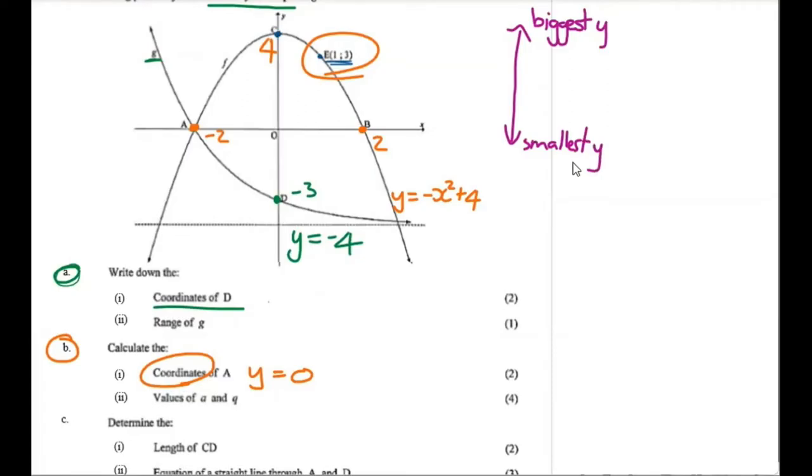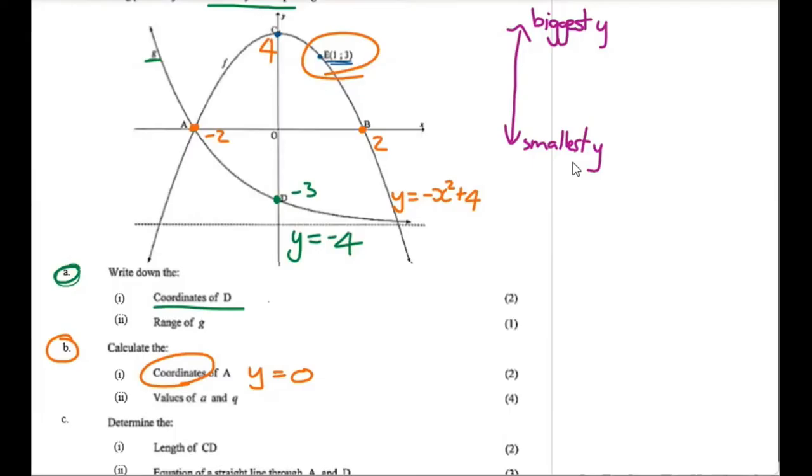The only reason why I'm saying biggest minus smallest is because then I will get a positive value. And if I'm talking about a length, guys, distance is always positive. There is nobody in the world who has ever broken the record for the negative 100 meter race at the Olympics because it doesn't exist.